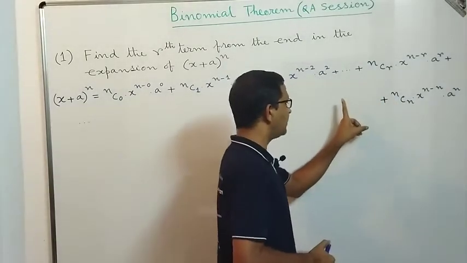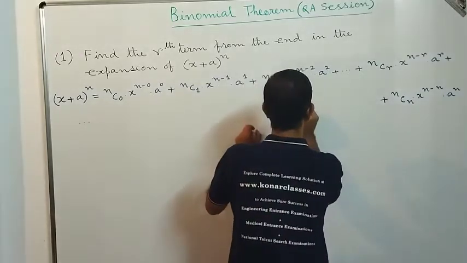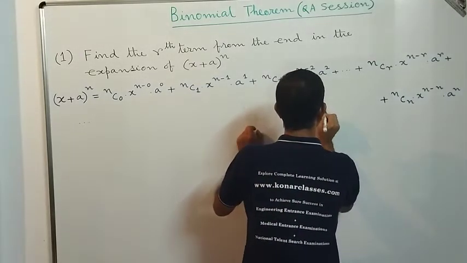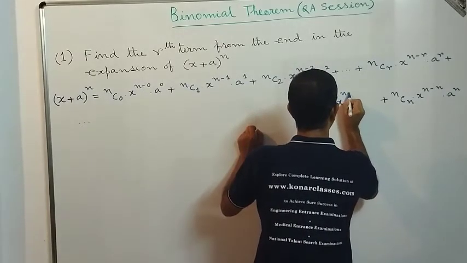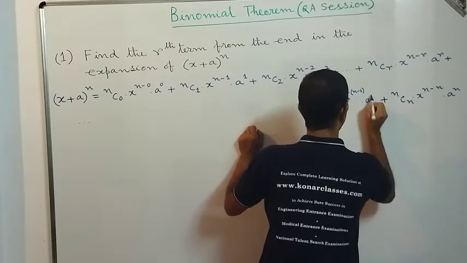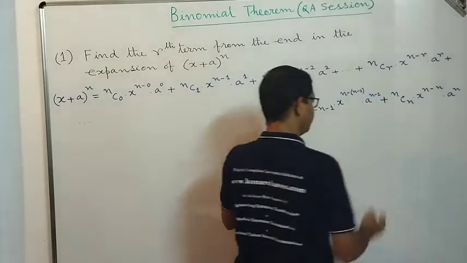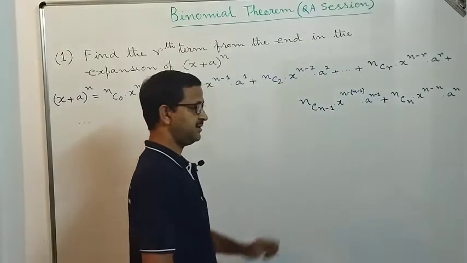Then what will be the second term from the end? It will be something like this: nC(n minus 1) into x to the power n minus 1 into a to the power n minus 1. Correct? Then what will be the third term from the end?